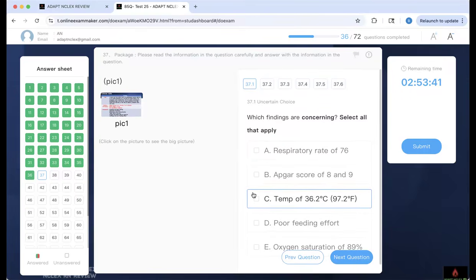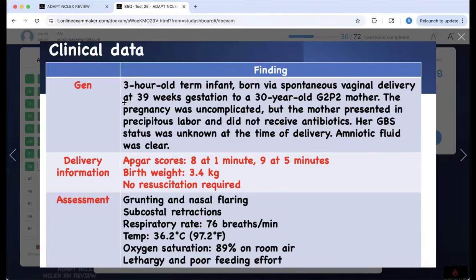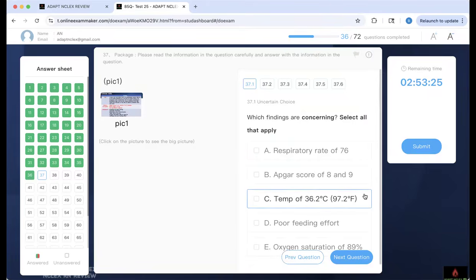Which findings are concerning? Select all that apply. Look at the case again. If you think it's worrisome, I read it in such a way to guide you to the areas that you should pick. Read it again, pay attention to the buzzwords, and see which one is concerning for you. But I don't like the respiratory rate of 76. It's bad.